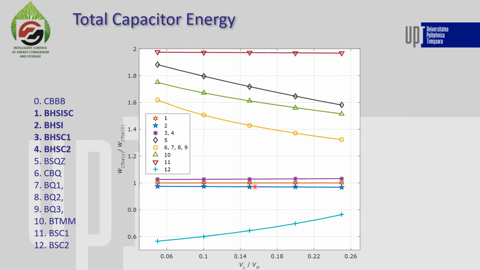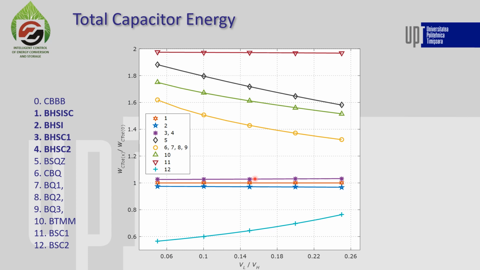And this difference is coming from the inductive ripple ratio. Therefore, if we decrease the ripple ratio, then these three lines will be closer, and if we increase the ripple ratio, then the difference will also increase.